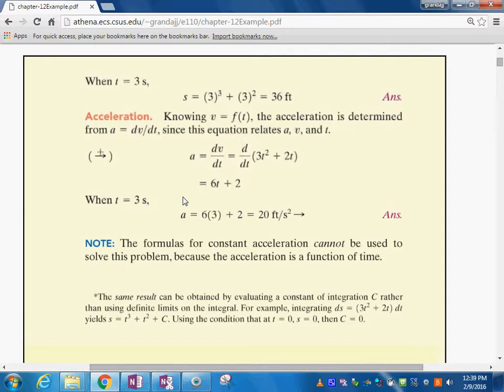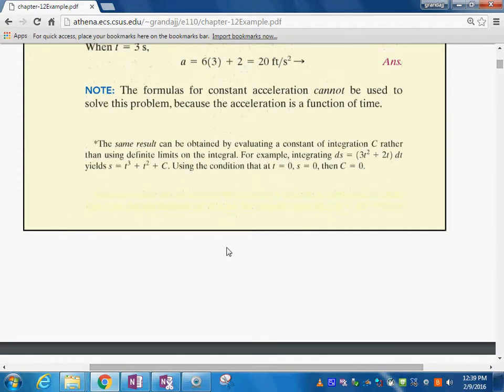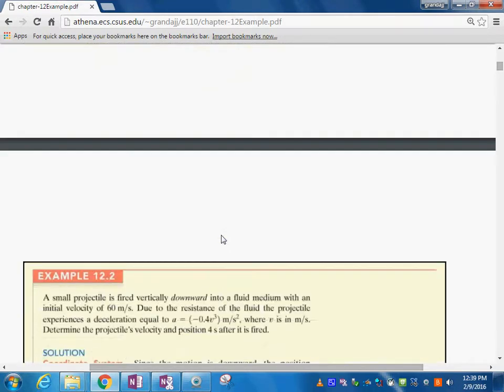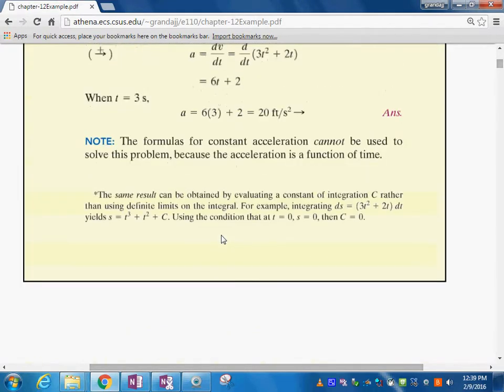Here's an observation. The same results can be obtained by evaluating a constant of integration rather than using definite limits on the integral. For example, if you integrate ds equals 3t squared plus 2t dt, you will obtain that s is t cubed plus t squared plus c.